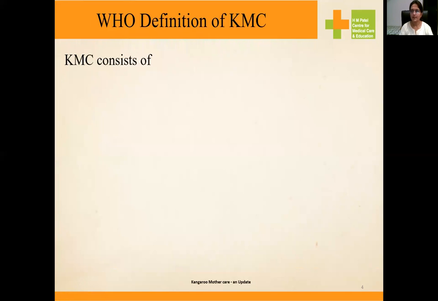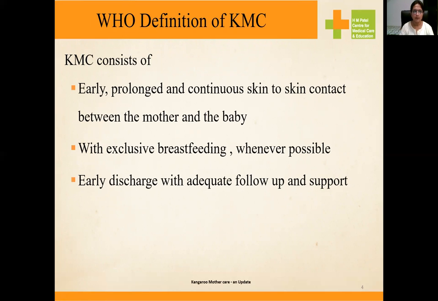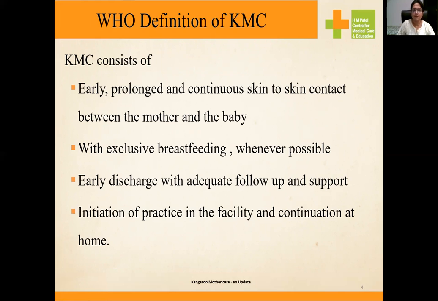So what is the WHO definition of kangaroo mother care? Kangaroo mother care consists of the following components. The first and the most important component is early and prolonged continuous skin-to-skin contact between mother and the baby. And that is the most essential component, skin-to-skin contact.